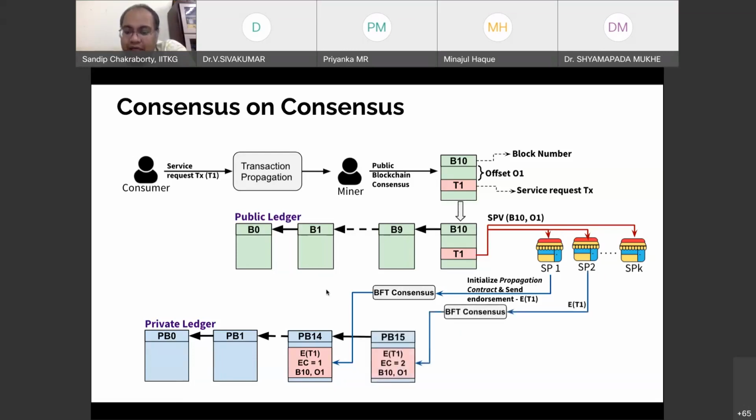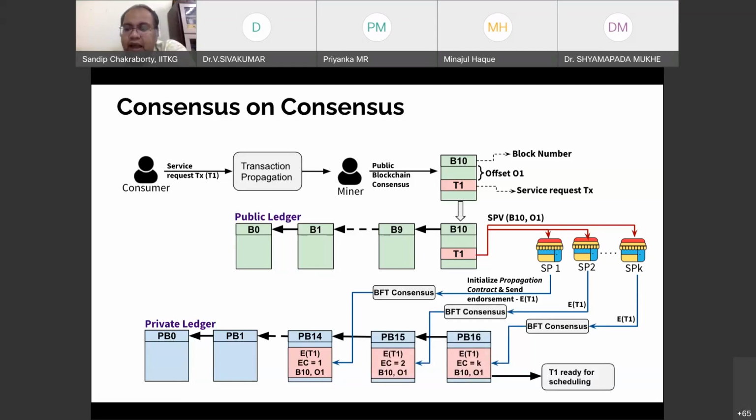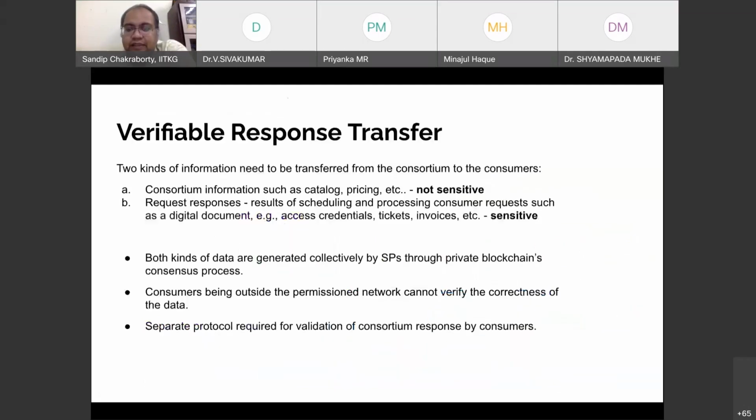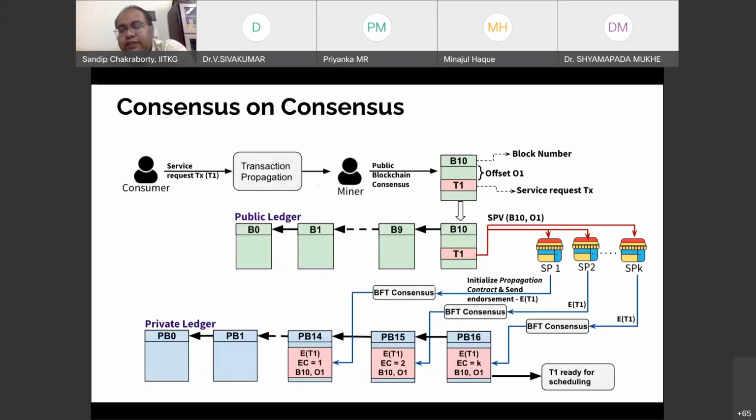That way, every service provider is going to put up the information on the public ledger and private ledger. Once multiple service providers are endorsing the transactions, we check whether there are a sufficient number of service providers endorsing the transactions in the private ledger or not.